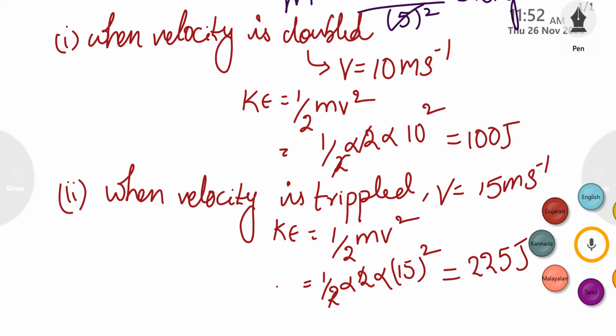I will be completing the remaining ones. Today and tomorrow combined, definitely we'll complete another 8 more, so it would be around 50. Understand one point: the questions are not from one particular chapter. I have given questions from force, work and energy, laws of motion, so there is a combination.